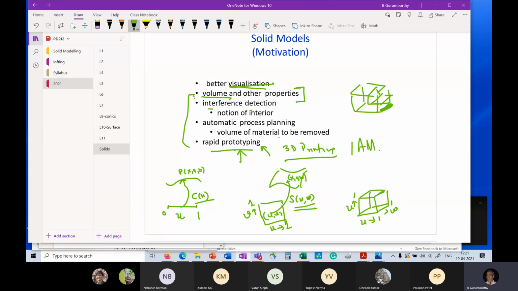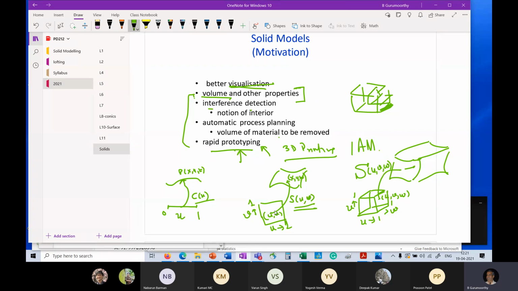Like we did for curves and surfaces, it is conceivable that you take a point inside this cube, which is u, v, and w, and that maps into some 3D object that looks like that. This can be some new representation in u, v, w. So that extension is possible.